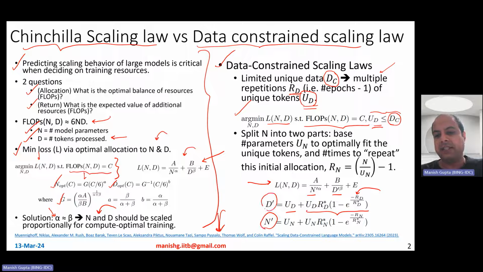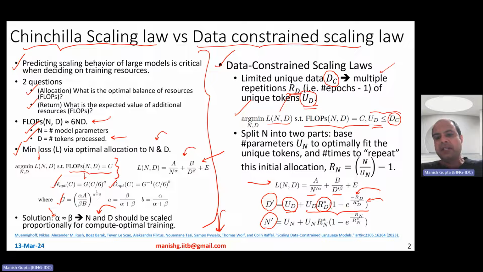Specifically, D dash is saying that if I look at the unique data, that's UD, and it has its value, that's great. But the remaining part of the data, the remaining RD repetitions that I do of the data, have a declining value rather than the original value, an exponentially declining value.